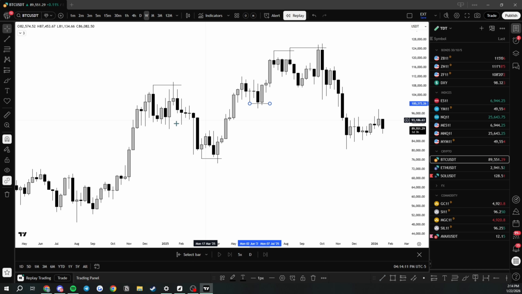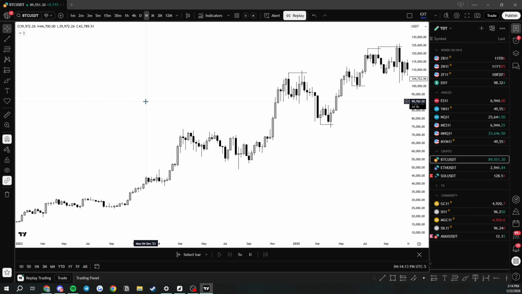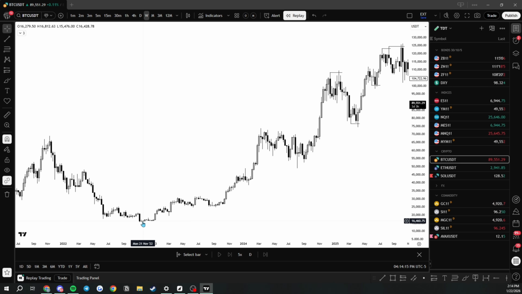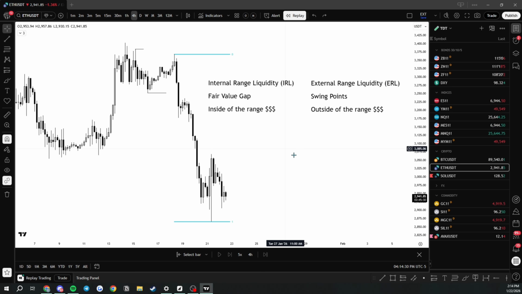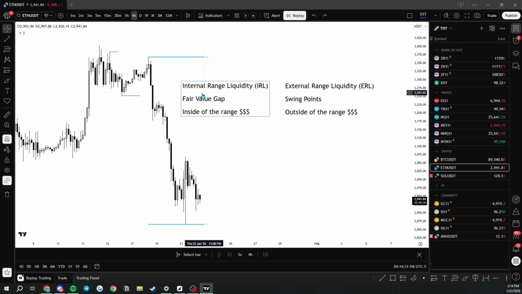And again, if you go look at this on your chart, you'll see even all the way back here to the FTX crash, it holds true. Same with these tops a few years ago, right? So they're pretty important. So going back to this, we can remember that fair value gaps form inside of ranges, right?